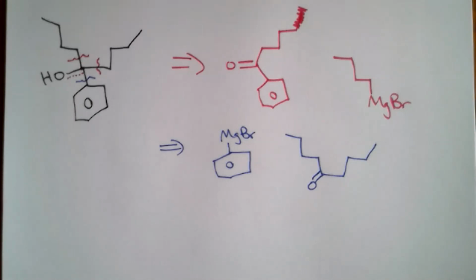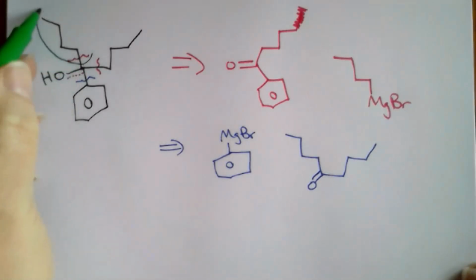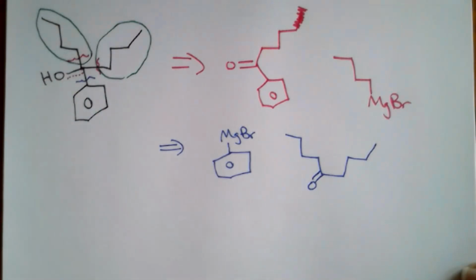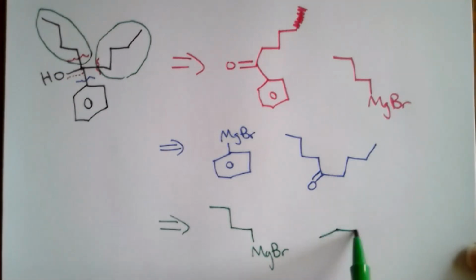Can I use another carbonyl compound to make this Grignard? Yeah, I can. When I notice that this leg and this leg are identical, both of those are 4-carbon pieces. There are 2 identical legs there. That tells me a 4-carbon Grignard could have attacked a carbonyl that had a leaving group.